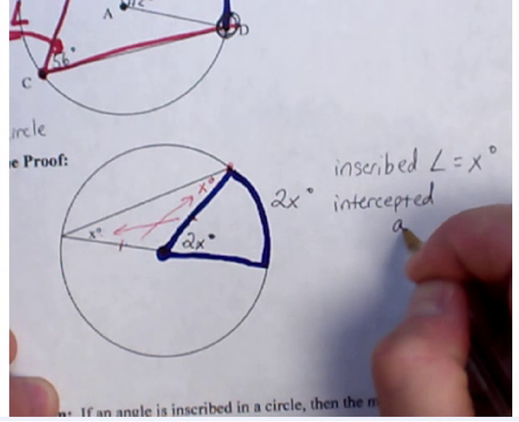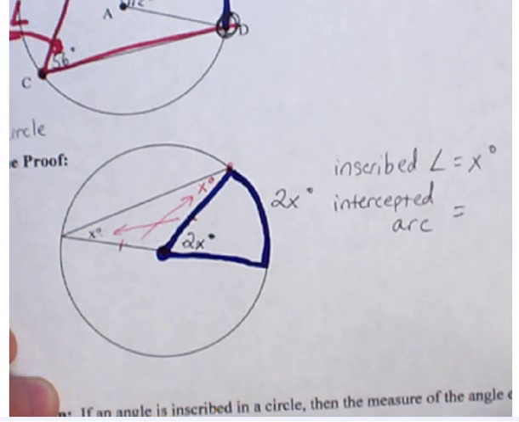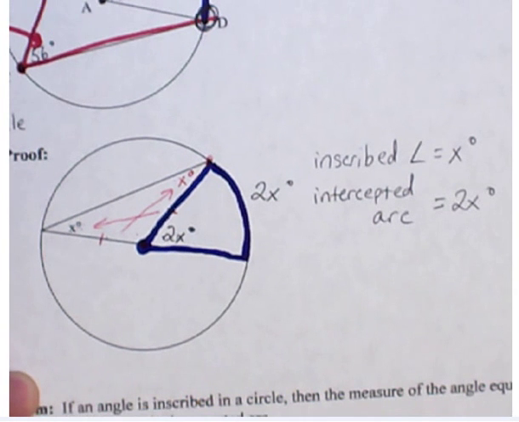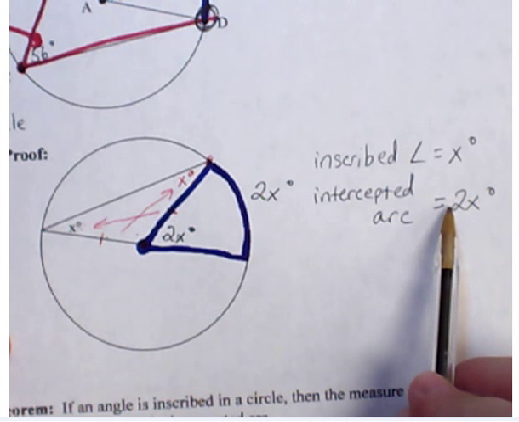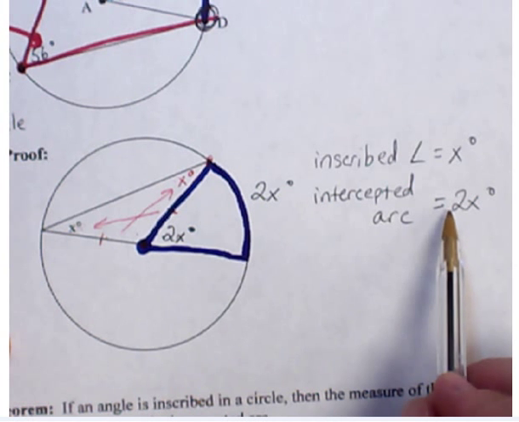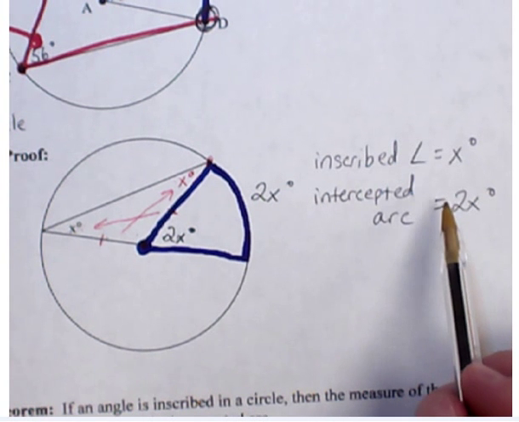The intercepted arc equals 2x degrees. So what's the relationship? Well, the inscribed angle is always going to be half of the intercepted arc. x is half of 2x. This will always be true.